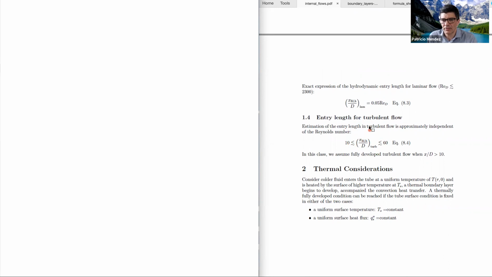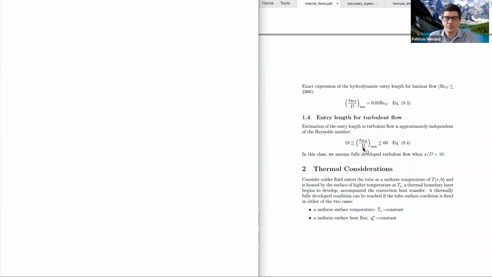What is the entry length for a turbulent flow? In the case of turbulent, things change. And I don't really know where this comes from, but I'm taking the book and I couldn't do anything better. It says that when the fluid is fully turbulent, the entry length in turbulent flow is between 10 and 60 diameters.